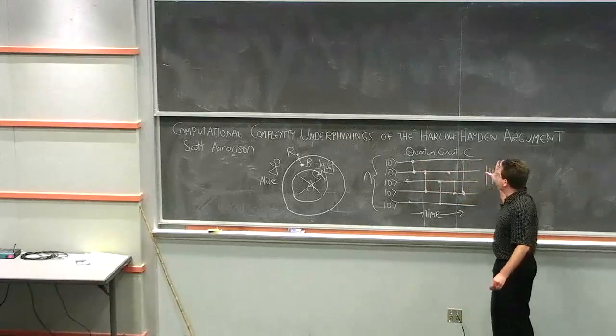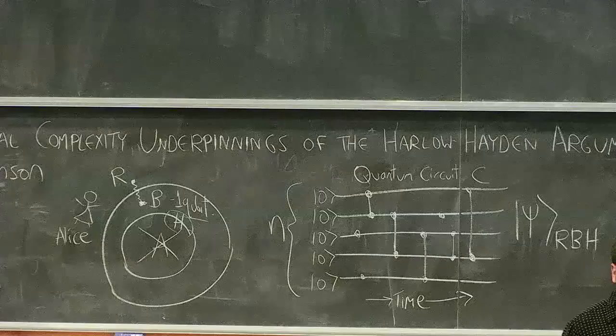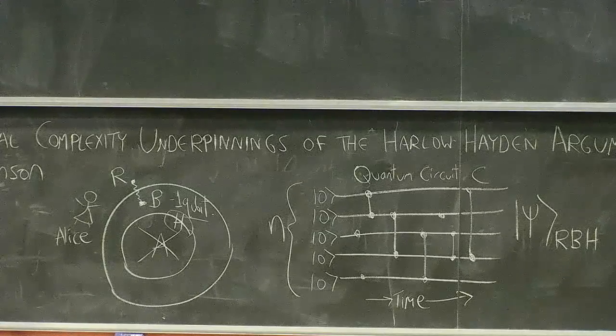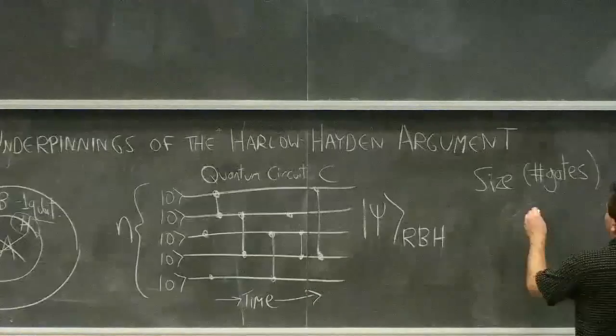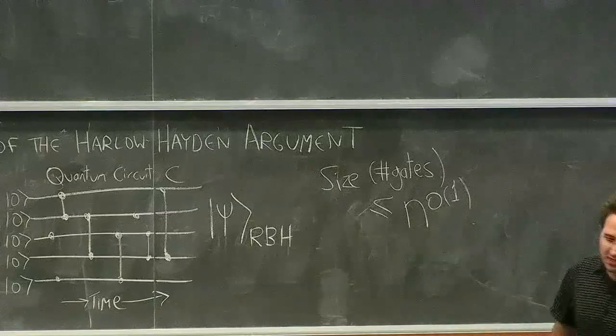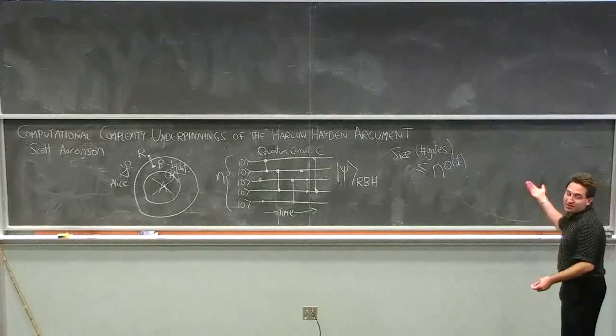And furthermore, I'm going to assume that this is an efficient quantum circuit. What does that mean? It means the size of the circuit, the number of gates, or unitary operations that compose the circuit, is bounded by some polynomial function of n. So it's at most n to the O(1).